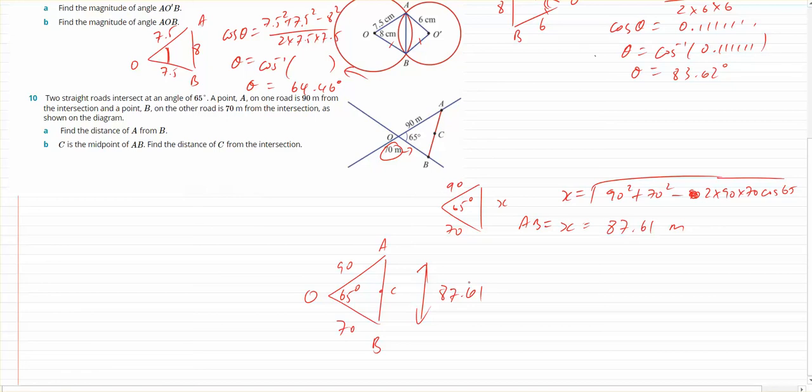So the only way to approach this is we need to find one of the other angles that's not labeled yet. So let's just say I want to find angle OAB. We can do that by finding, so we're trying to find this angle. To find that angle, you can use the cosine rule.